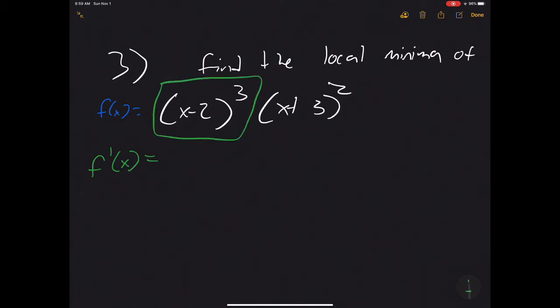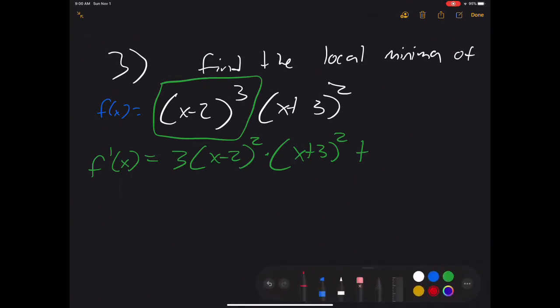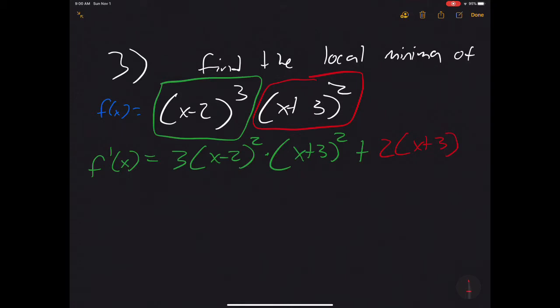The derivative of the inside here using the chain rule is just going to be 1, so taking the derivative of the outside is easy: 3 times (x minus 2) to the power of 2 times the other function, (x plus 3) squared. And then with the product rule, we put a plus sign, and then we take the derivative of the other piece, which is 2 times (x plus 3), nothing to pull out, and we multiply it by the other piece, which was (x minus 2) cubed.